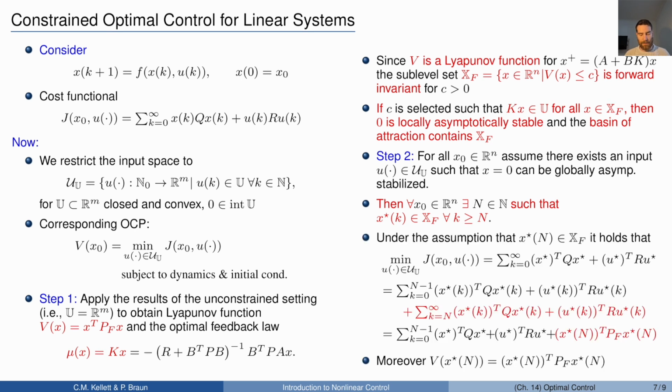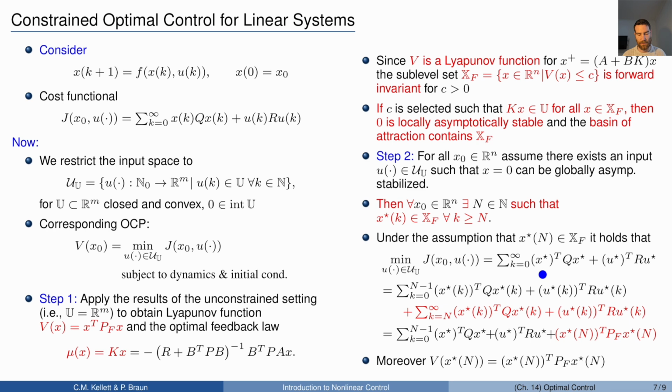Under this assumption that x_N is contained in the set X_f, we can look again at our optimal control problem and at the minimization problem, which we can write as the sum now over the optimal values.